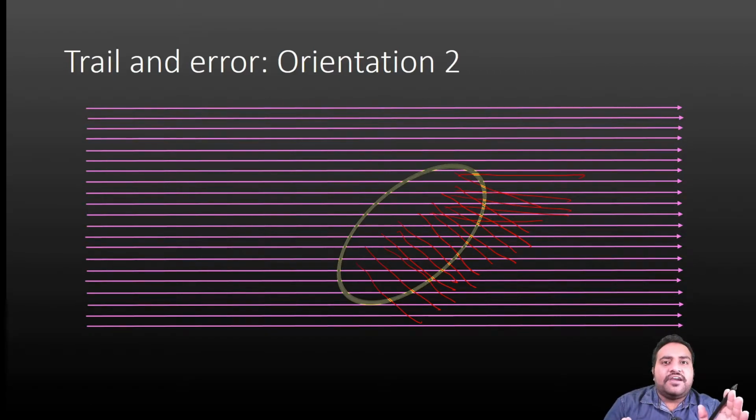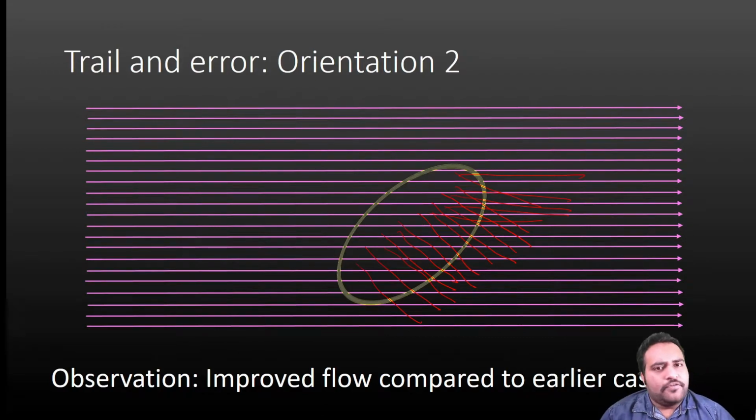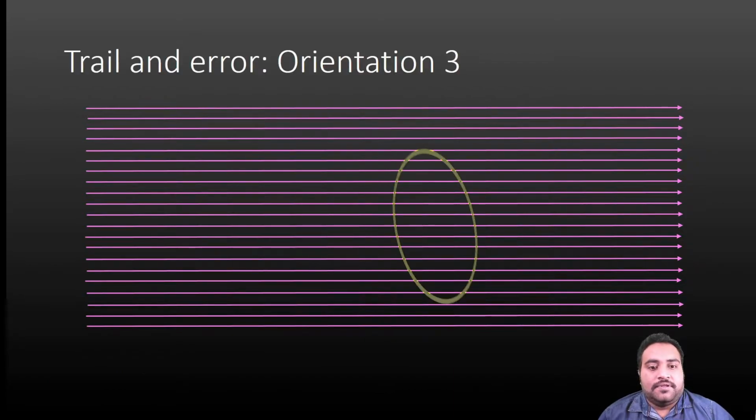There is a possibility of flow through this ring now. Improved flow compared to the earlier case. Now let us look at the other orientation. See, the normal to this is in line with the flow. This entire area is covered with flow. This is the scenario where I can have the maximum flow.